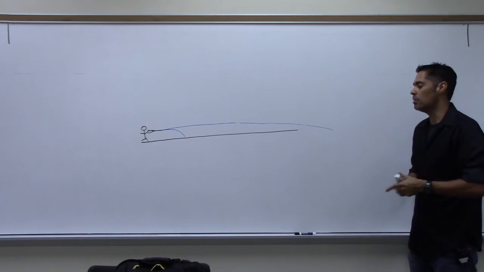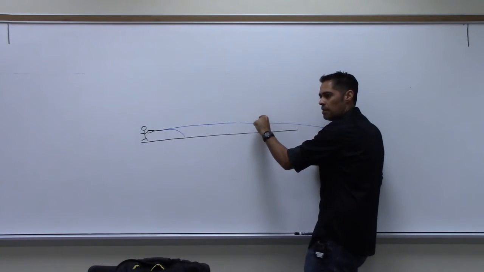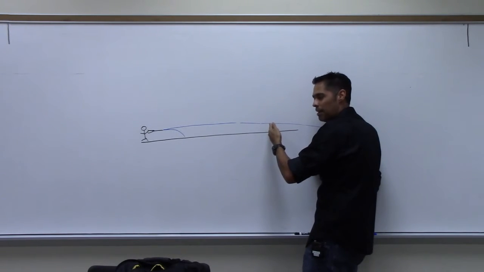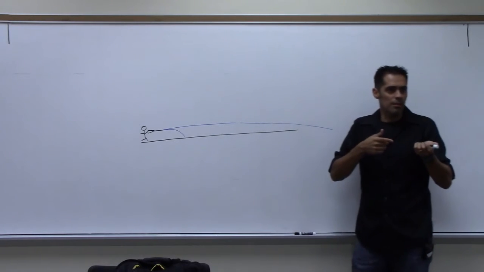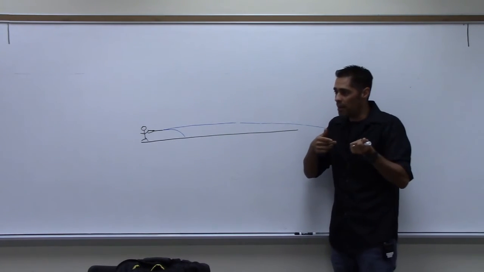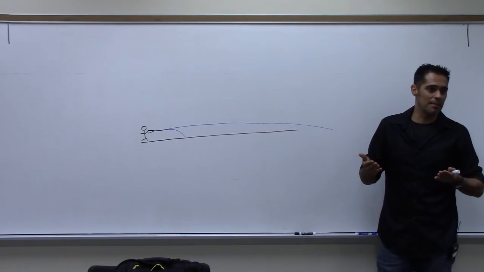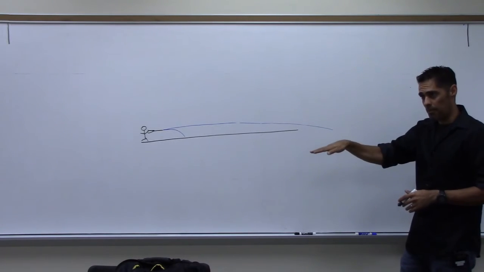So as you go out, this distance dropped is less because it's already that far away. Does that make sense? So snipers that shoot things from 300, 400, 500 yards away have to account for that drop. They also have to account for a lot of other things, right? But the main thing is the fact that there's going to be bullet drop.